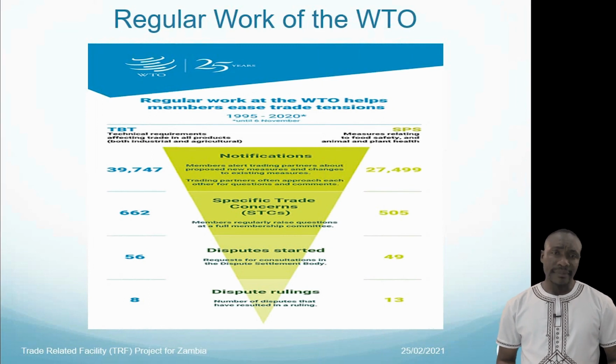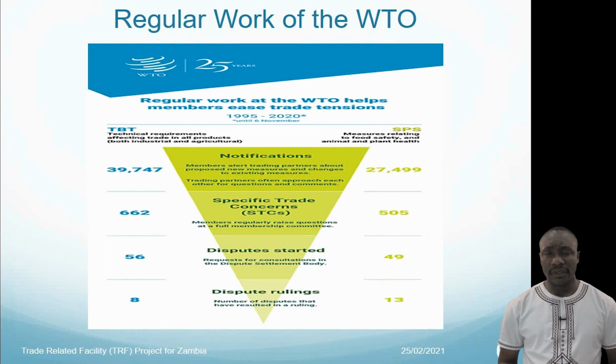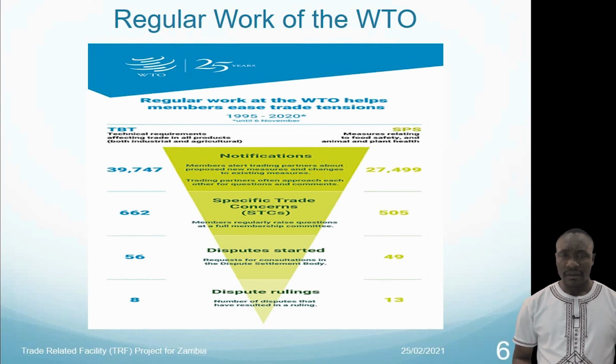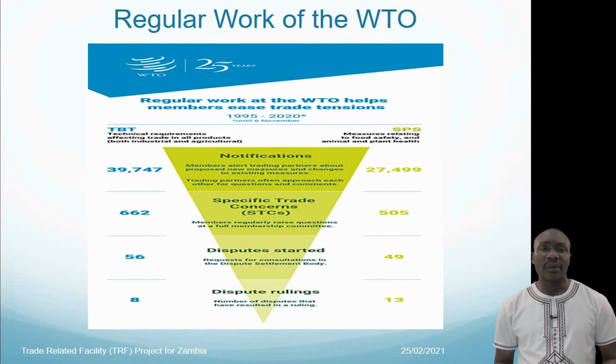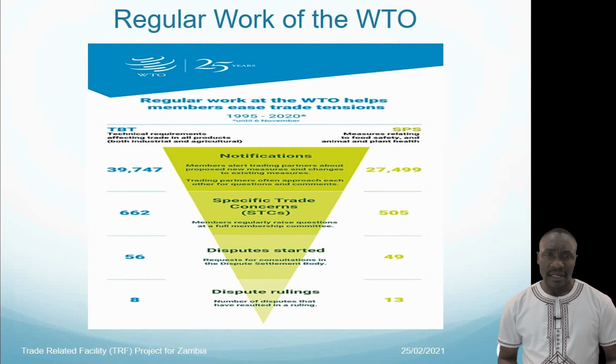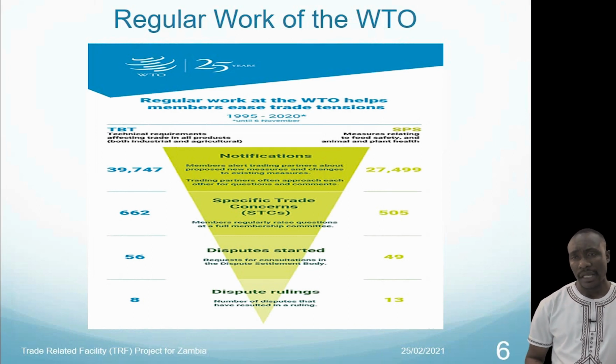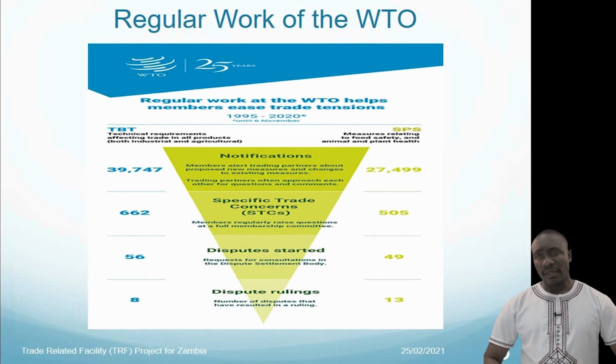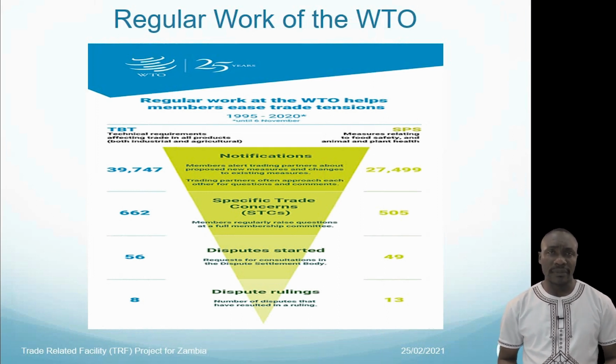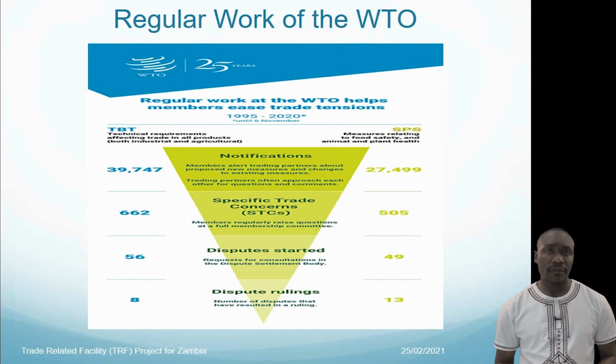There's a small chart we got from the WTO website. It just highlights the regular work that is done at the WTO and how it helps member states to ease trade tension. The whole essence of the WTO agreement is to try and create a framework in which member countries can trade freely.